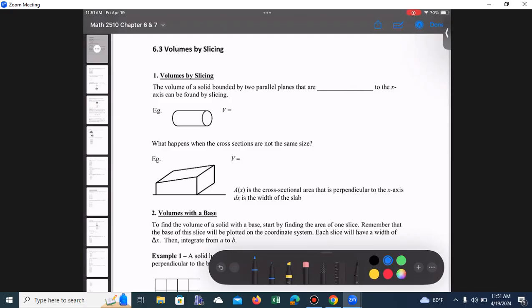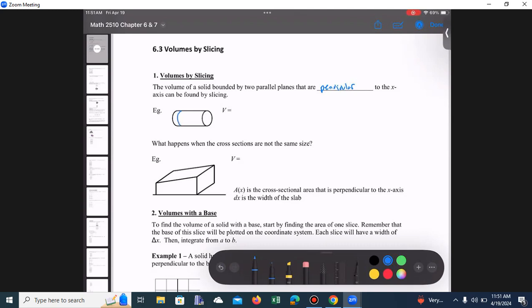So we're going to start with the basic idea of this. We're going to look at volume by slicing. Imagine a volume of a solid bounded by two parallel lines that are perpendicular to the x-axis. So we end up with, let's say, a cylinder here.